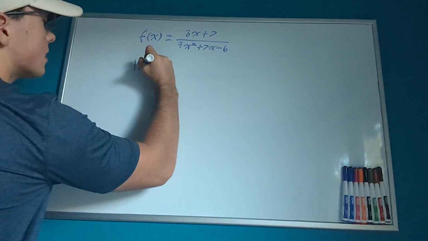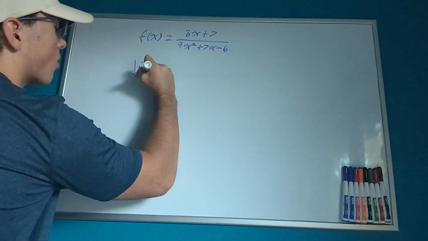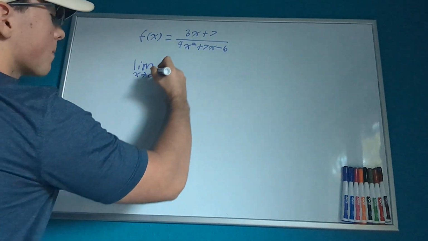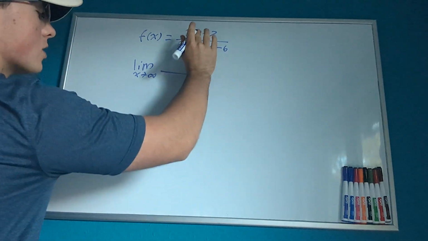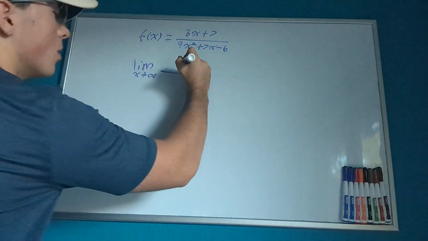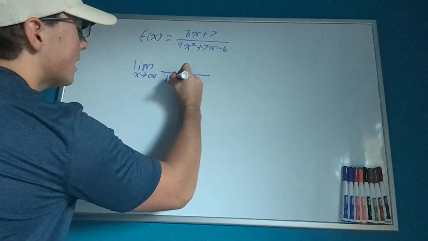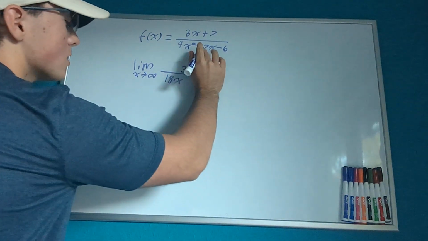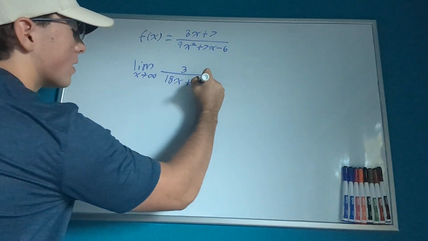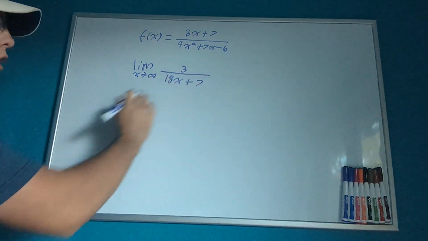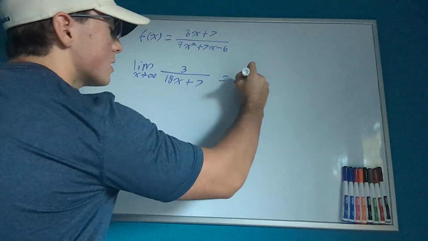Well, we take the limit as x approaches infinity, right? And let's use L'Hopital's this time. We'll get 3 over 18x plus 7. So this will become 3 over infinity, which will equal 0, right?